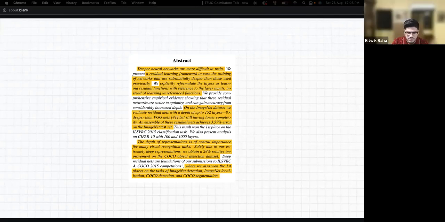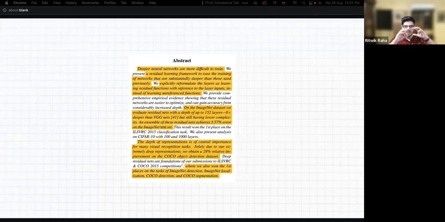So as I was saying, they do not perform as expected, and they can be harder to train because of something called vanishing and exploding gradients, which we will talk about later. But to address this problem, what the researchers did, and this came out from Microsoft's lab, Kaiming He was a lead there then, they introduced a simple and groundbreaking idea.